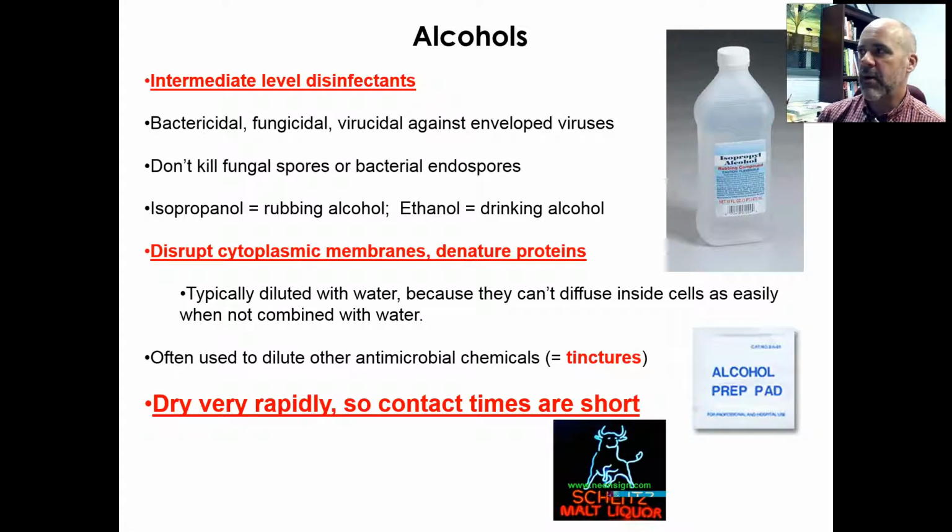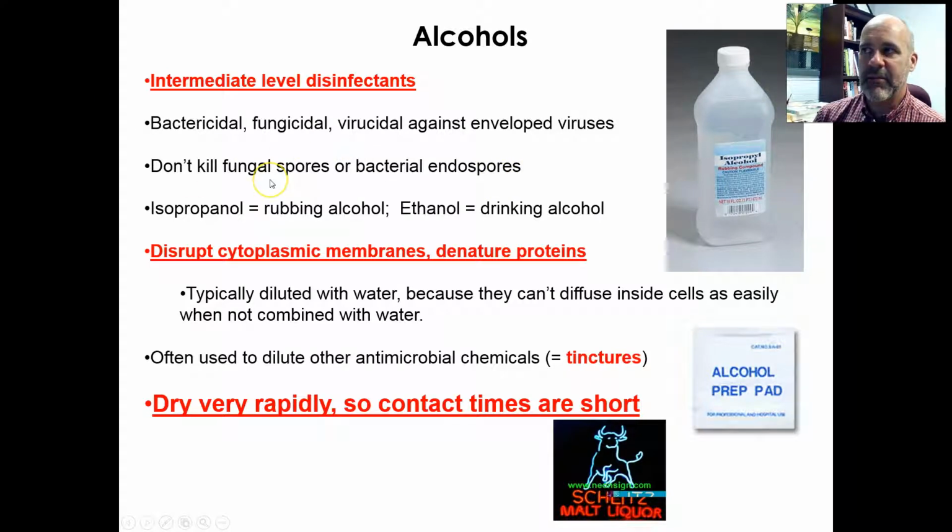All right, how about good old alcohols? Alcohols include things like rubbing alcohol, that's isopropyl alcohol or isopropanol, and ethyl alcohol or ethanol. That's the type of alcohol in your beer and your wine and your liquor and so forth. That's your drinking alcohol as well. Alcohols are generally classified as intermediate level disinfectants, so they're not going to be good at killing bacterial endospores.